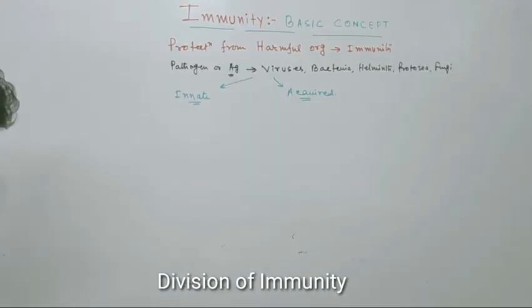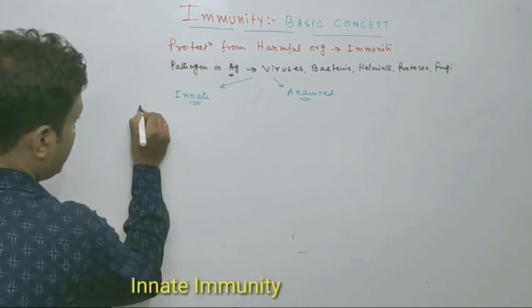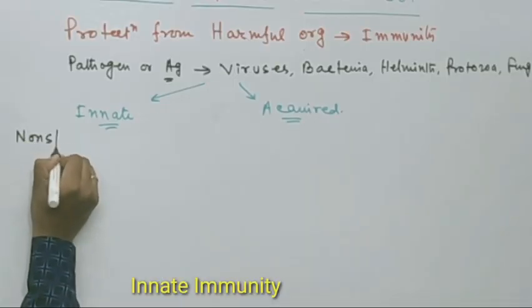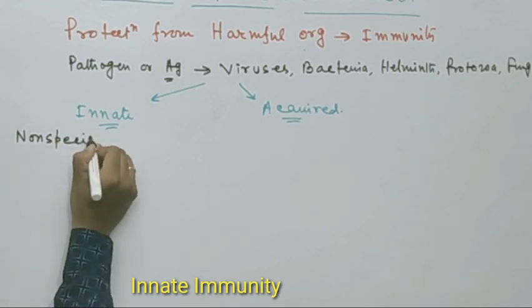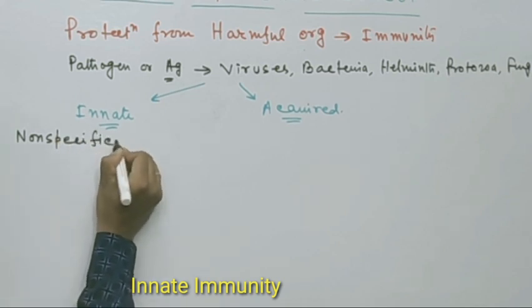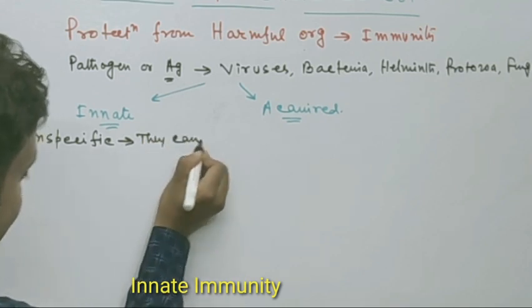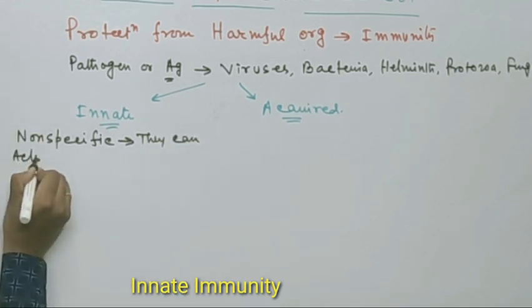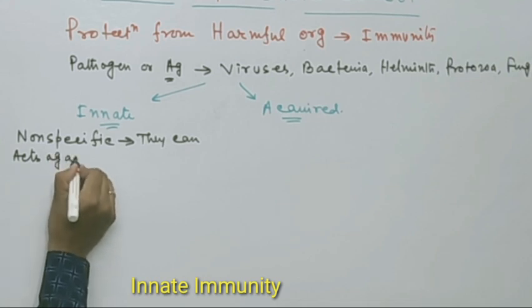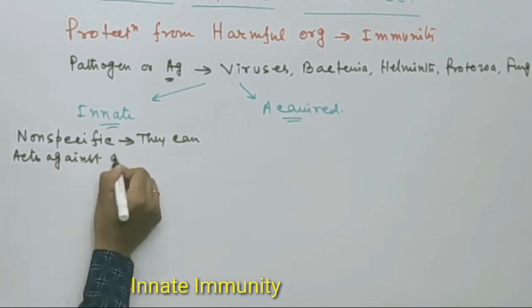Now I shall tell you about how innate immunity works. Innate immunity is non-specific. This is not specific for a particular type of antigen. It can act against any type of pathogen.